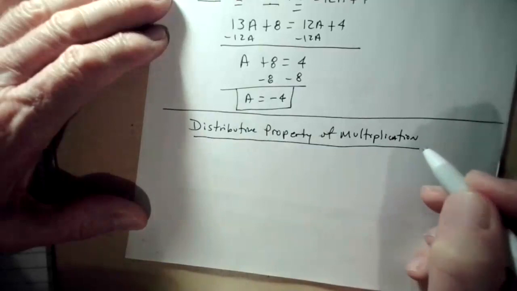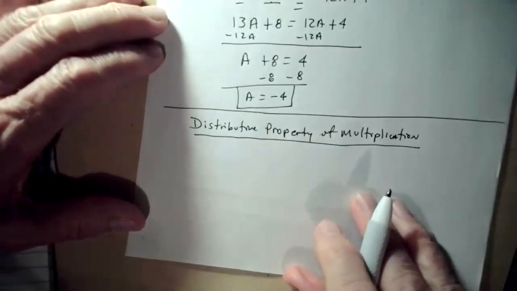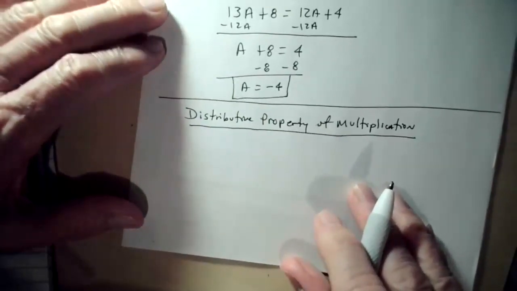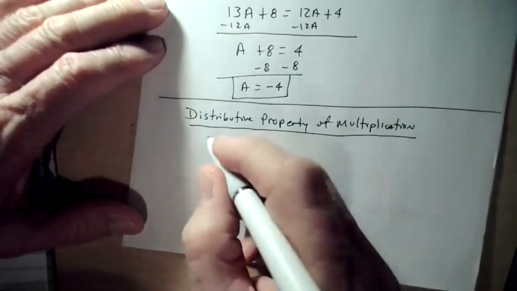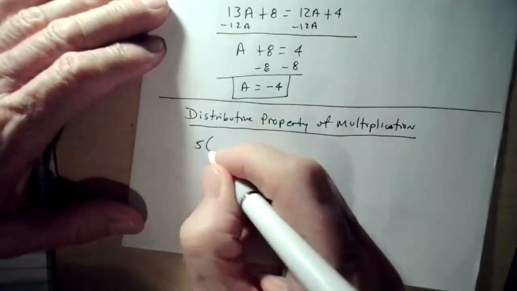There are 4 properties. This is the only one that's really important, and it's the only one I'm going to irritate you with. Okay, the distributive property of multiplication, super duper whiz bang important.